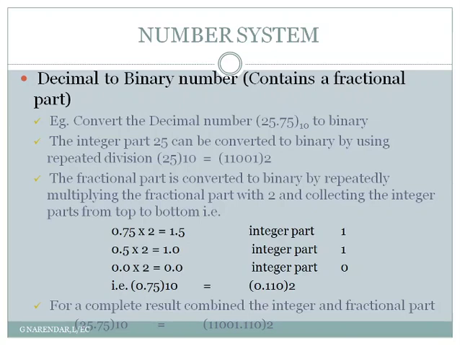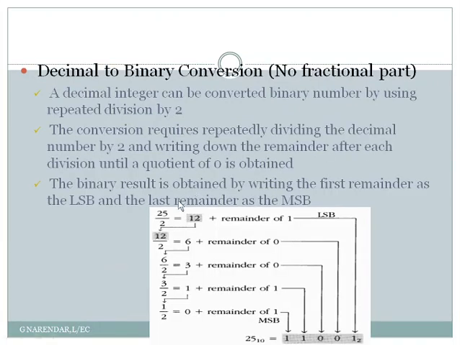Here you can see that the integer part is 25, and 25 decimal should be converted to binary by using the previous method of repeated division. We have seen in the previous example that when you apply the repeated division method, 25 will be converted to binary 11001.